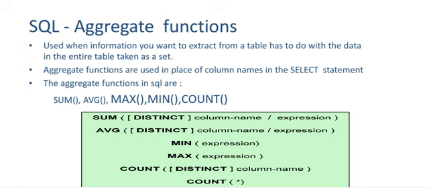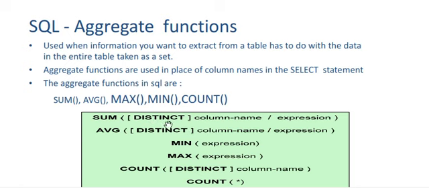The first one, sum of. Within the brackets, we need to specify the column name. Here you can see there is a distinct, which is optional. If you want to retrieve only unique column values, then we go for this distinct. It's optional, which has been written in square brackets.